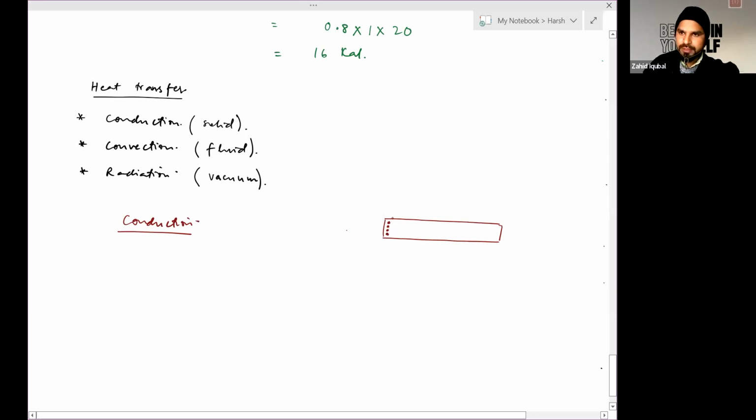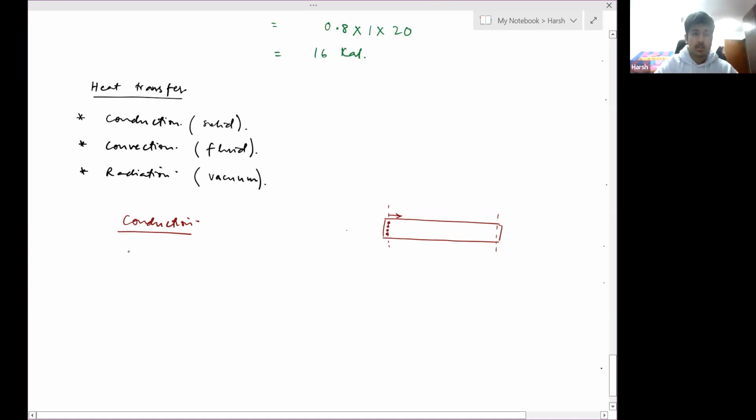If you increase the temperature of this particular end, its vibrational energy will increase, so it will vibrate to a larger distance, during which it may collide with its neighboring particle. On collision, they transfer some of their energy. This process takes place from one end till the other end, by which heat energy is transferred from one end to the other. This is called conduction. Is it clear?